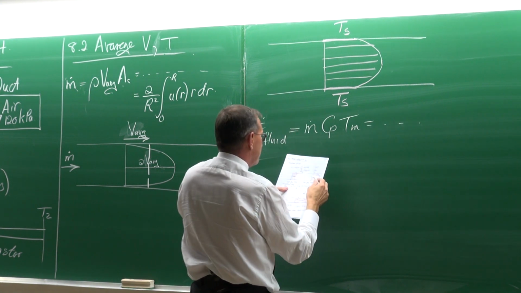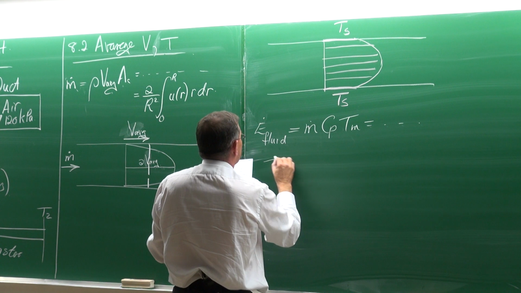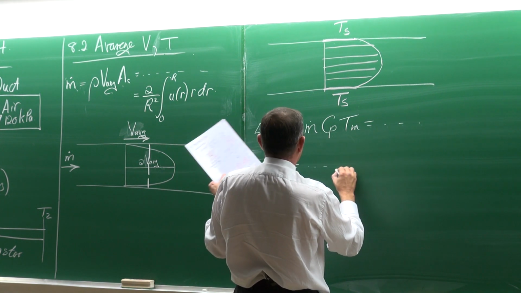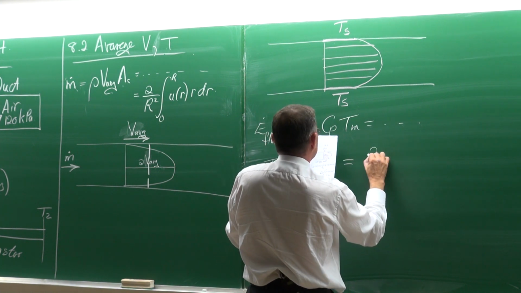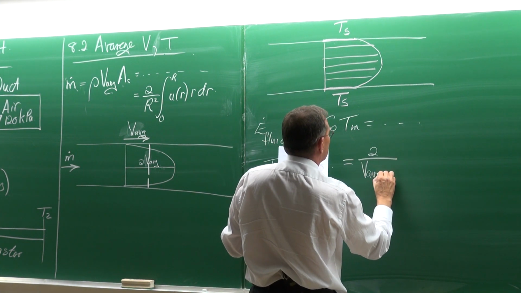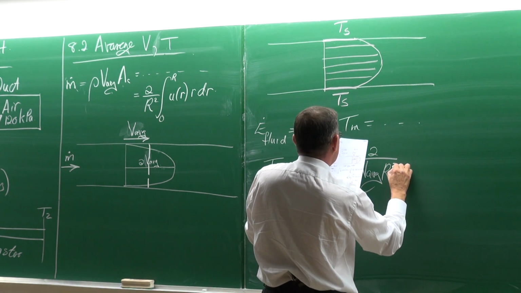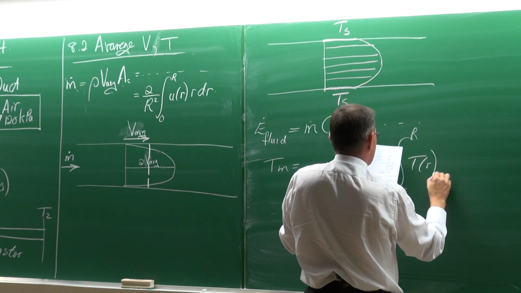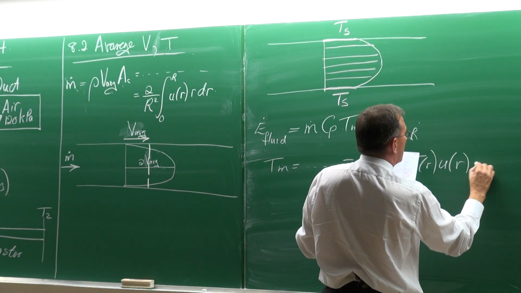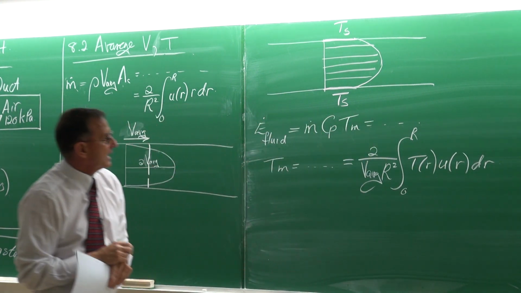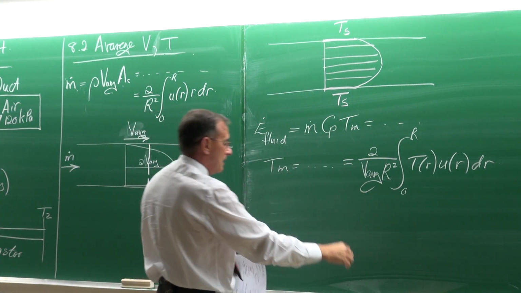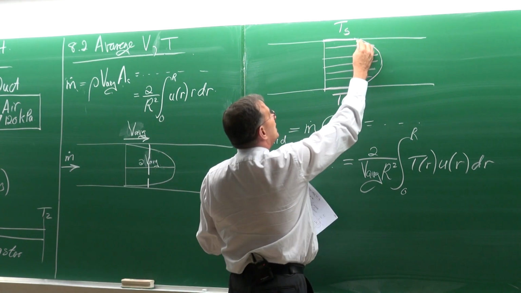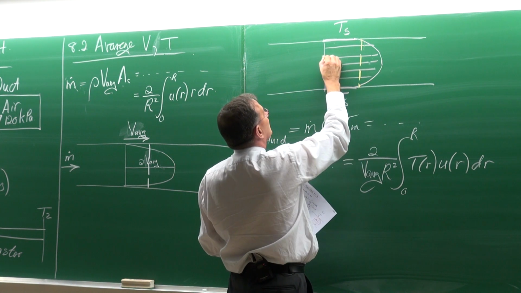You're going to go through a derivation, and from that you can derive the mean temperature, which is equal to 2 times V average multiplied by r squared, the integral from 0 to r of T r u r dr. So it's a little bit more complicated than the fluid mechanics one in terms of the integration, but the bottom line for why we do it is to get the average temperature.